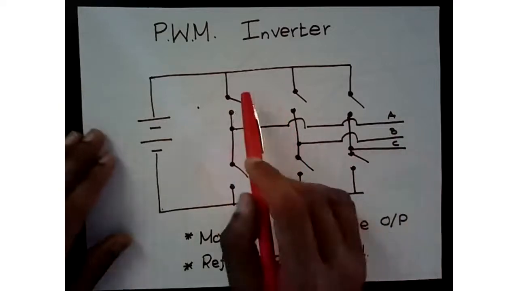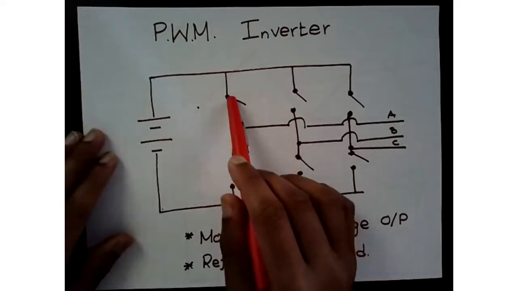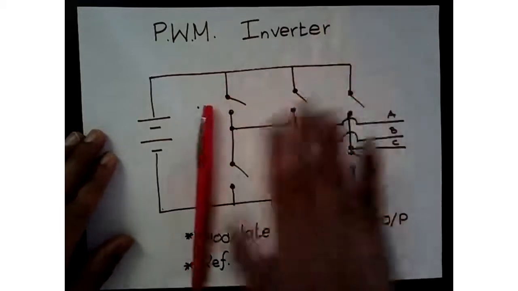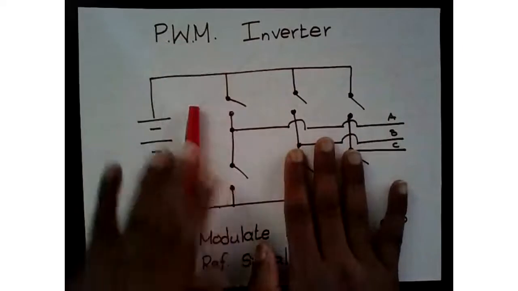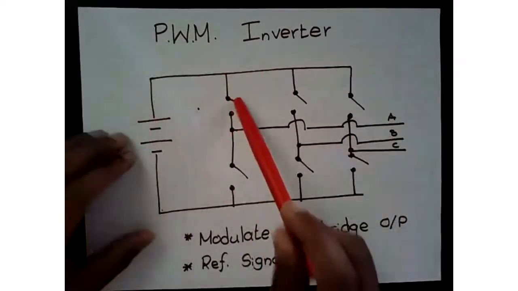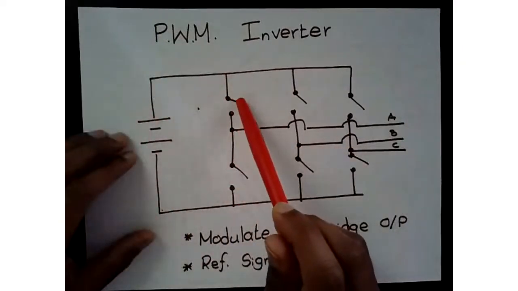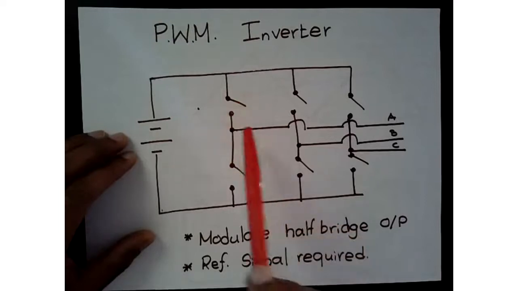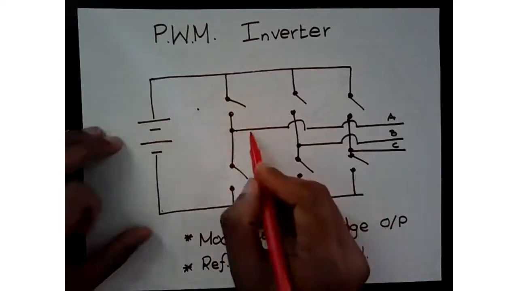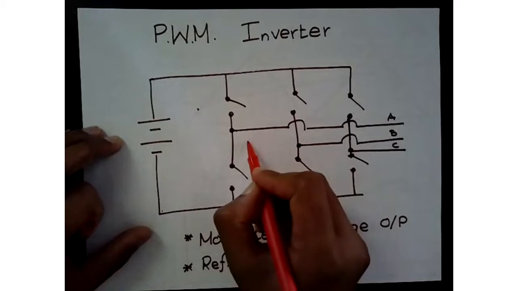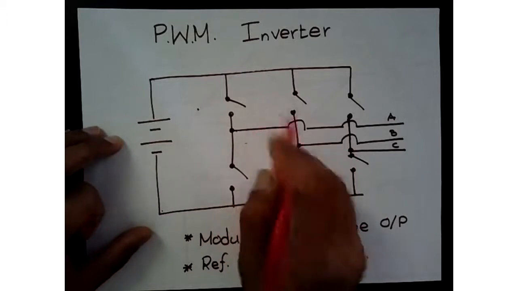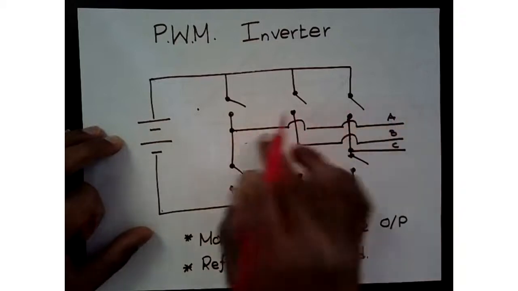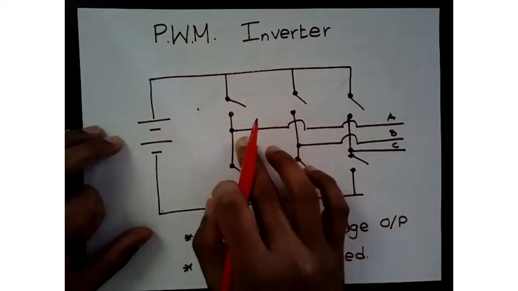Essentially, by modulating the PWM, if you forget about these two phases or legs and focus on one leg, we can modulate this PWM such that we get a sinusoidal voltage, or at least a sinusoidal signal, on phase A.